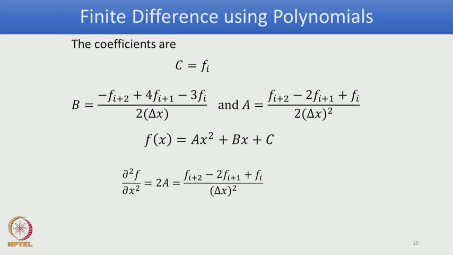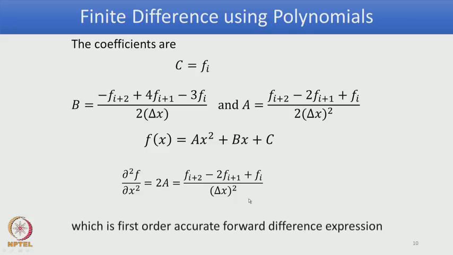So, dou squared f by dou x squared is basically 2 times a, because the b also goes, and a is already here, that we obtained as coefficients for a, and this 2 gets cancelled, then you have only the remaining term for the coefficient a, and this is actually the second order second derivative forward difference formula obtained from the polynomial procedure.